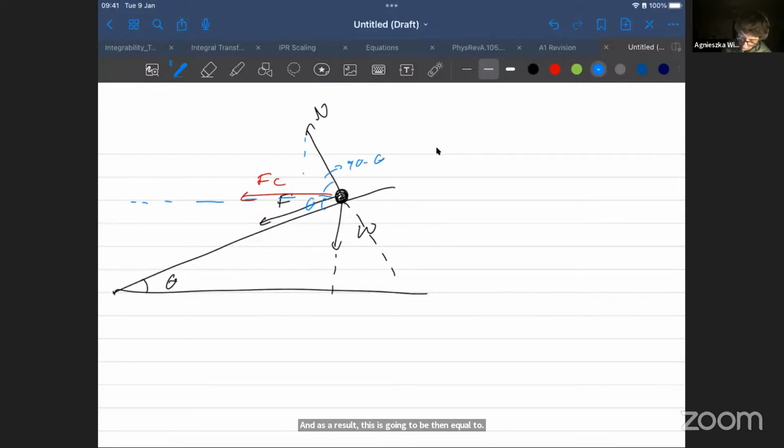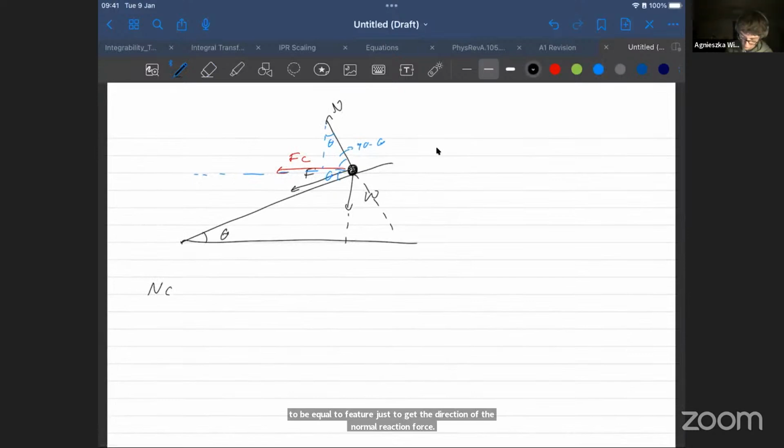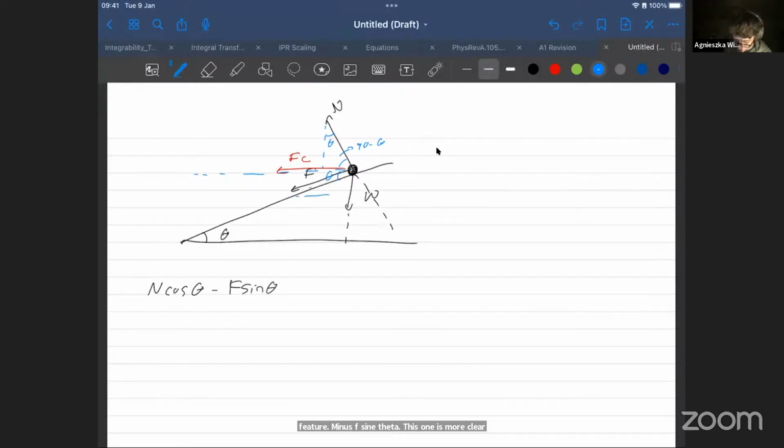So if I have an angle here, it's going to be equal to theta, just to get the direction of the normal reaction force. Once I resolve all the forces, I get that N cos theta minus F sin theta. This one is more clear because you can see that the angle of the force is theta because it's parallel to the bank. So the vertical direction is going to be minus F sin theta because it's pulling it down, minus the weight is equal to 0.